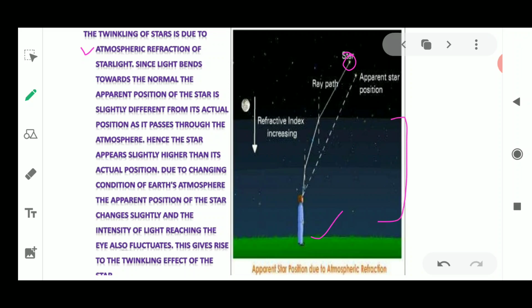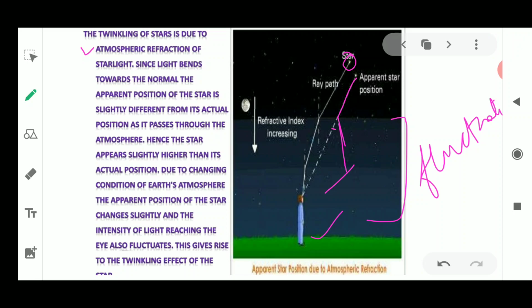As you can see, there are different layers of atmosphere here, and the density increases. So because of the increased density, what will happen? The starlight is going to fluctuate. Refraction is seen when light moves from a rarer medium to a denser medium, and it bends. Again it passes from a rarer medium to a denser medium, and again it is refracted.